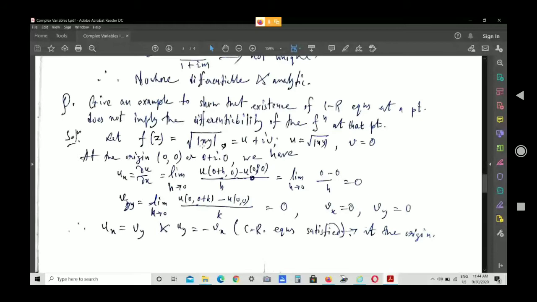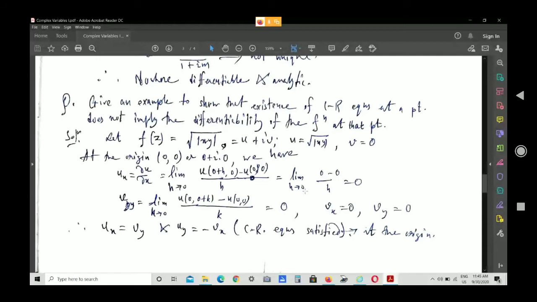So let us see if the Cauchy-Riemann equations are satisfied at some point. Let us take the origin, 0, 0 or 0 plus i0. At this point we need to check whether the Cauchy-Riemann equations are satisfied. Cauchy-Riemann equation means ux, the partial derivative of u with respect to x. This is the definition: only the x coordinate is changing, the y coordinate remains unchanged, the same.